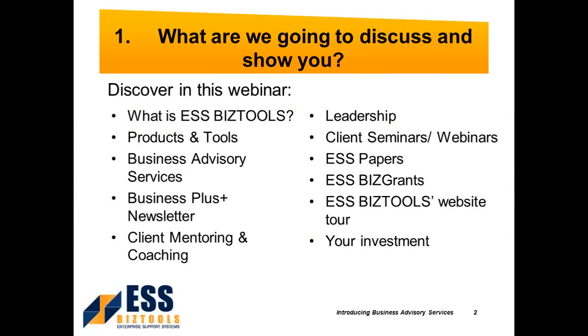The system comprises a number of individual components based around products and tools: business advisory services, which is undoubtedly the most important segment of the product, our Business Plus newsletter, client mentoring and coaching, leadership, seminars, the 500 papers that are targeted at small businesses, and the link to ESS Biz Grants, which is a separate product which enables the identification of government grants that might be suitable for individual businesses.